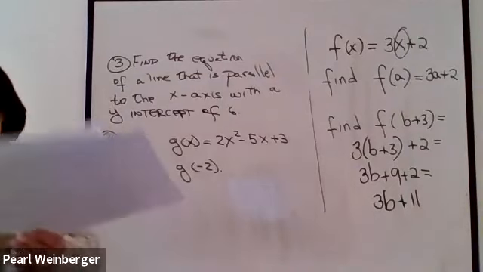Obviously, this final answer will be an answer in terms of a. The previous answer will be a specific number because that is a specific number that we're picking for an x. Over here, we're picking for an x to be an algebraic expression. So my answer will have to be in terms of a.